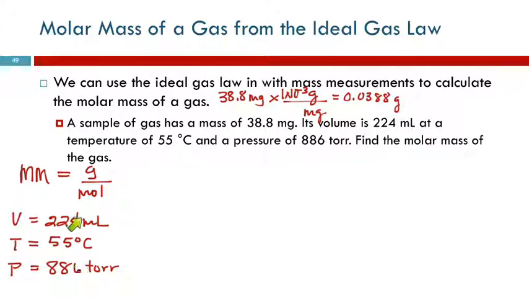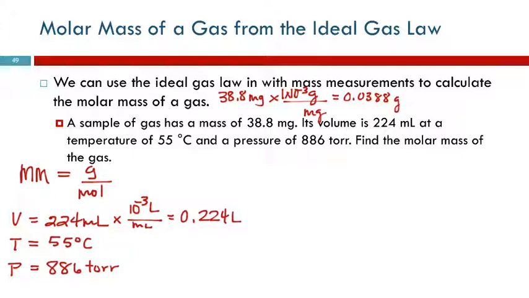Are these good units to use in the ideal gas law, though? No, they're not. I need liters, atmospheres, moles, and kelvins. So I need to convert milliliters to liters. So that's going to be 0.224 liters.